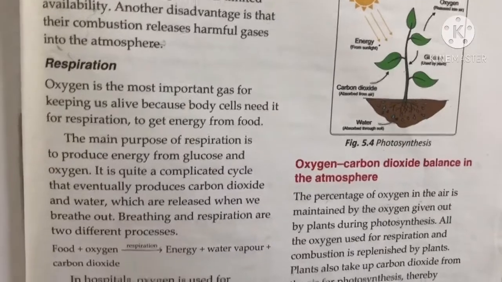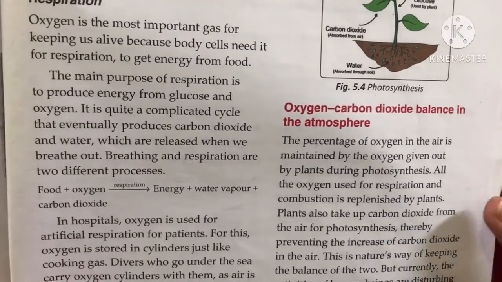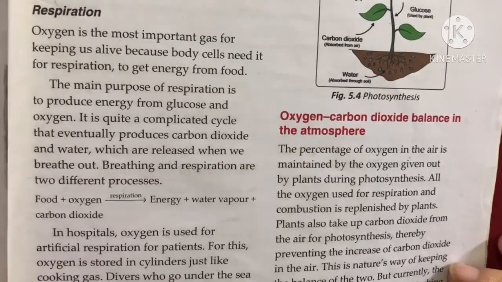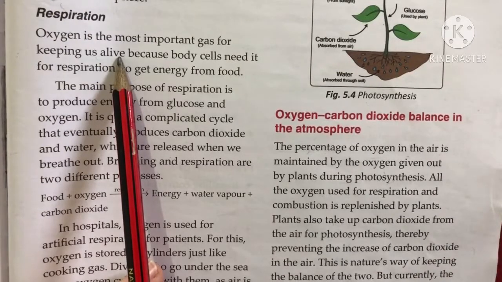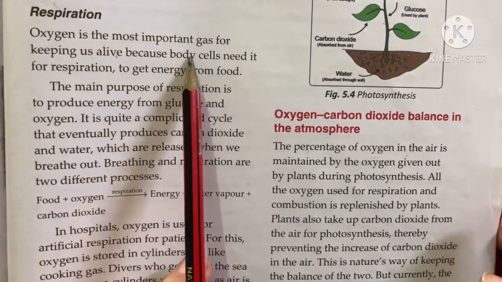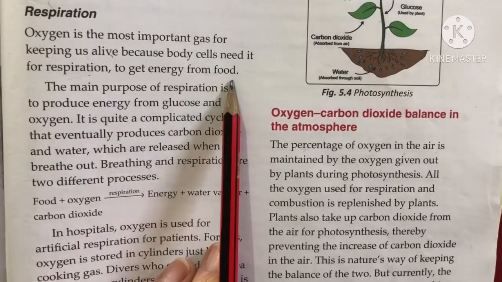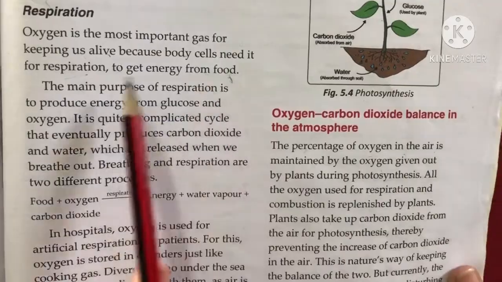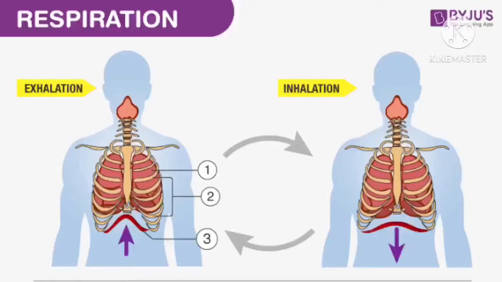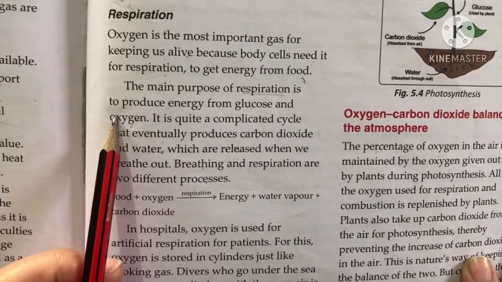The next part is respiration. Oxygen is the most important gas for keeping us alive. Without oxygen we cannot survive, because our body cells need it for respiration to get energy from food. The main purpose of respiration is to produce energy from glucose and oxygen.